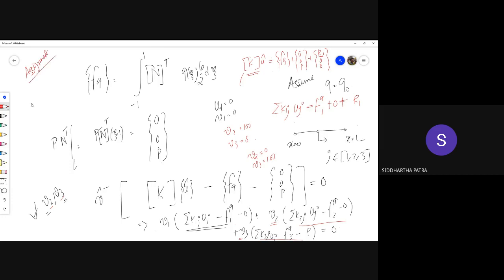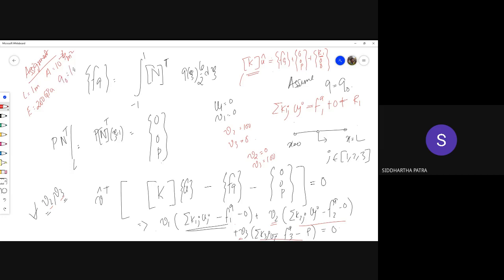which is L equals 1 meter, A equals 10 to the power minus 4 meter square, basically 1 centimeter whole square. E is 200 GPa.